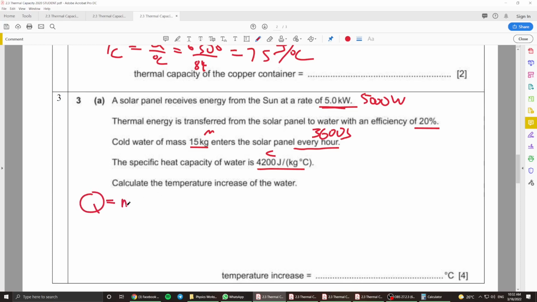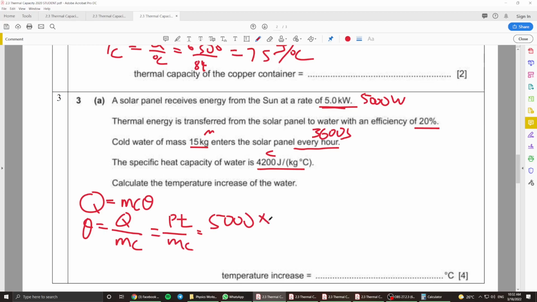Q is basically going to be M C theta. Theta will be equals to Q over M C. In this scenario here, it will be power times time, over M C. In this question here, the power will be 5,000, but it is only 20% efficient, so you're supposed to multiply by 0.2.